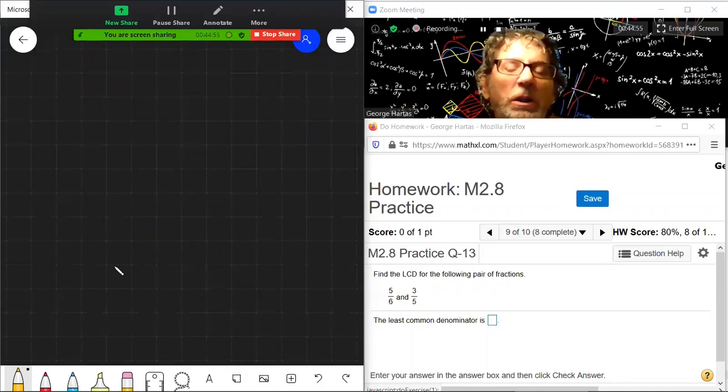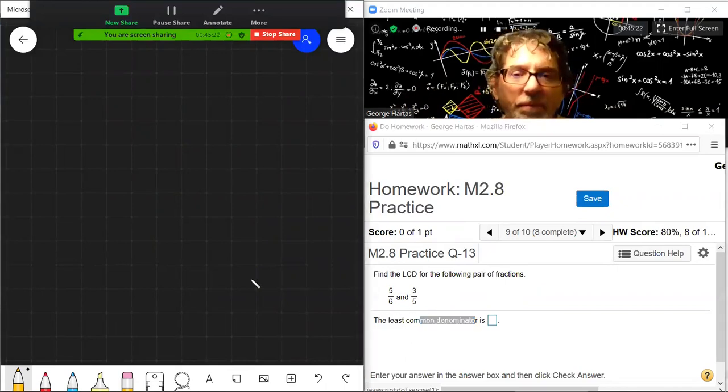So it's still the lowest common multiple of the denominators. Now they want us to find the LCD for the following pairs of fractions. We don't have to do anything with the numerators; we only care about the denominators. So we have 6 and 5.